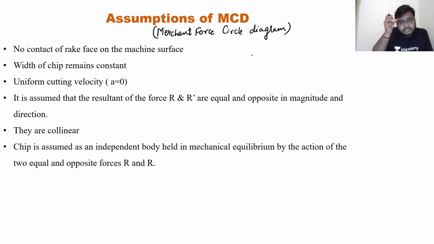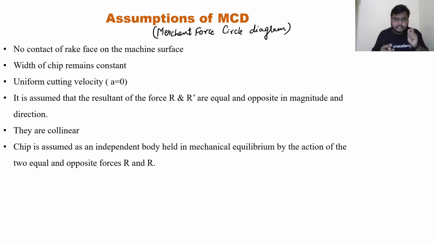Let me first tell you, Merchant was a scientist, and he tried to find all the forces that are involved during machining. He combined all the forces in a circle and gave a correlation between them.